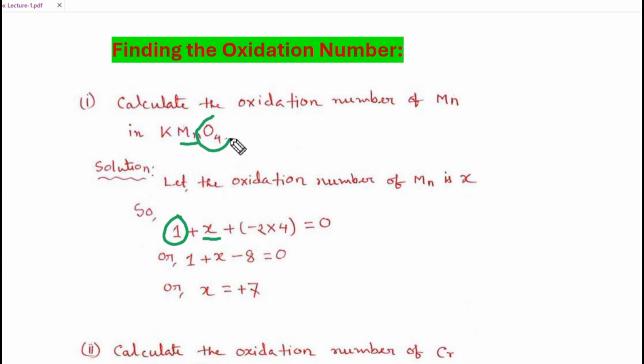Then oxygen, 4 oxygen atoms. Oxygen's oxidation number is minus 2 in most of its compounds, times 4 because there are 4 oxygen atoms, equal to 0, because here there is no charge, it is neutral, so it is 0.